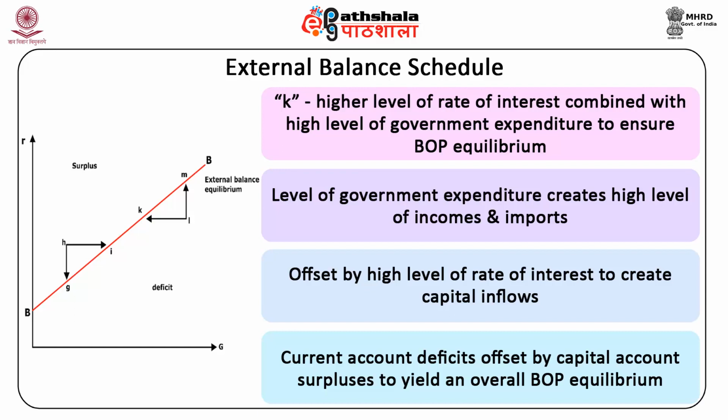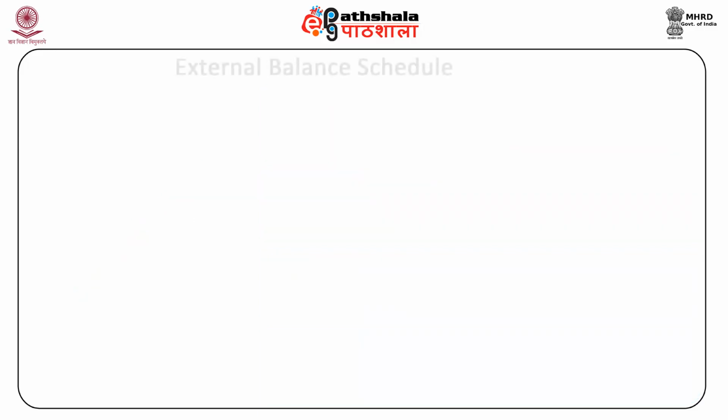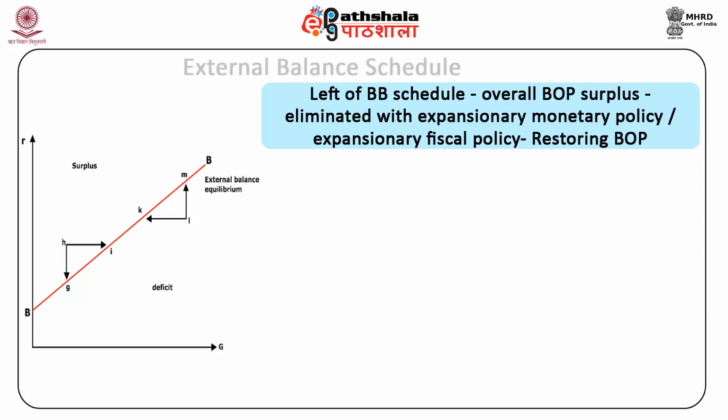If we are to the left of the BB schedule at a point such as H, we have an overall BOP surplus, and this surplus can be eliminated either with the help of an expansionary monetary policy, that is, moving from point H to G, or by expansionary fiscal policy, that is, by moving from point H to I, and thus restoring the BOP equilibrium.